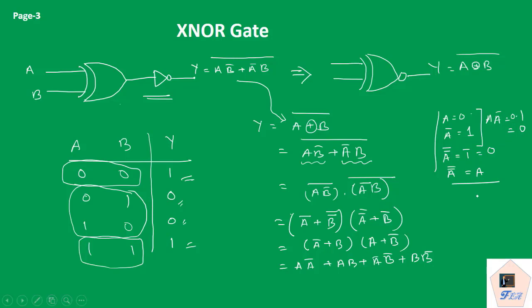So A bar A and B bar B both will give us 0. So effectively for the XNOR operation, the output we are getting is AB plus A bar B bar. So this is an important relation. The output of the XNOR gate is AB plus A bar B bar, whereas for the XOR gate we have A bar B plus AB bar.